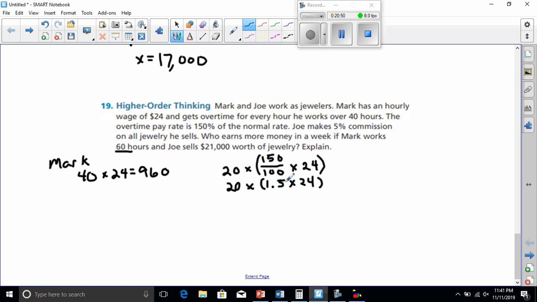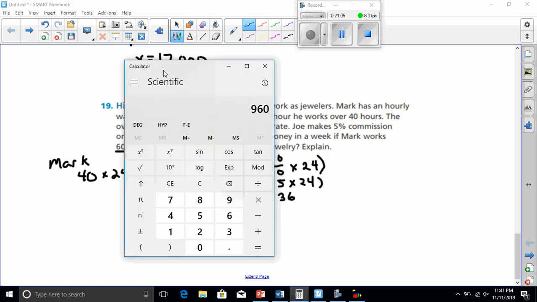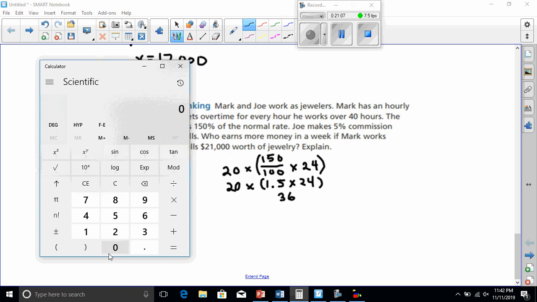This is going to be 36. I know that because half of 24 is 12, and 1 of 24 is 24. So I'll double check that with my calculator, but I'm fairly certain that 1.5 times 24 is going to be 36. And now I can multiply this times 20. That tells me 720.